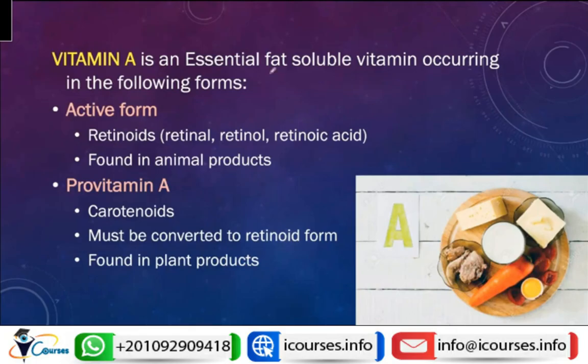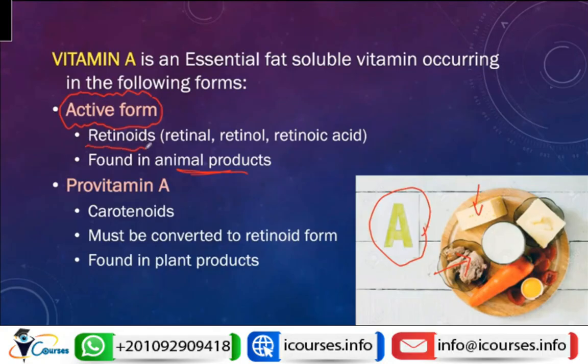Vitamin A is an essential fat-soluble vitamin present in different forms. The first one is called the active form, and the active form is exclusively present in animal products, like cheese, liver, and other meat. So these are the sources of the active form of vitamin A. By active form, I mean the form that will be incorporated into the visual cycle, which are called the retinoids.